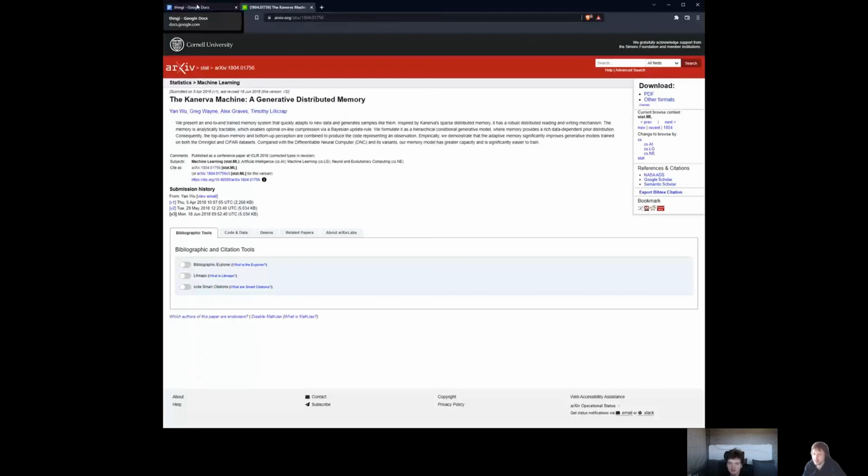Yeah, we demonstrate significantly improves. Okay. Compared with differential neural computer and its variants, our memory model has greater capacity and is significantly easier to train. Yep.